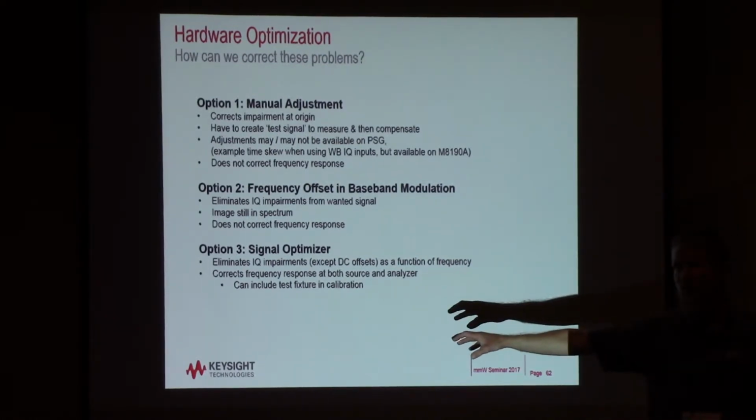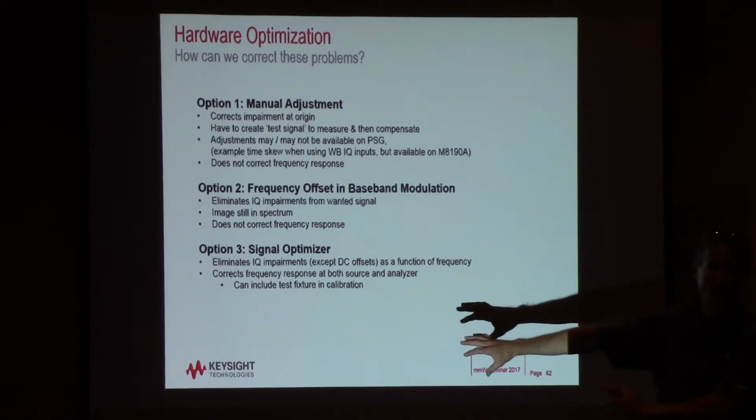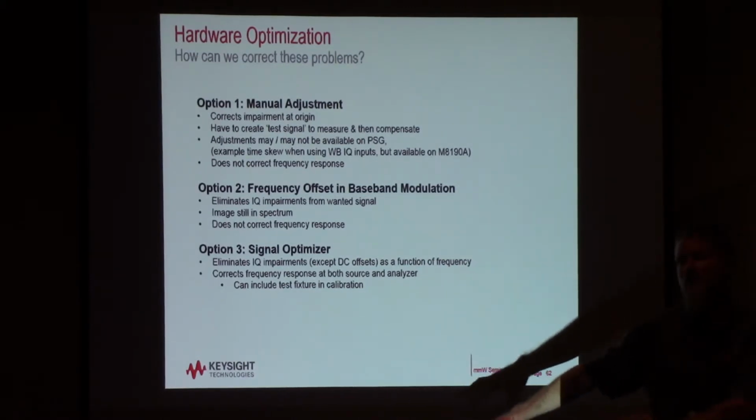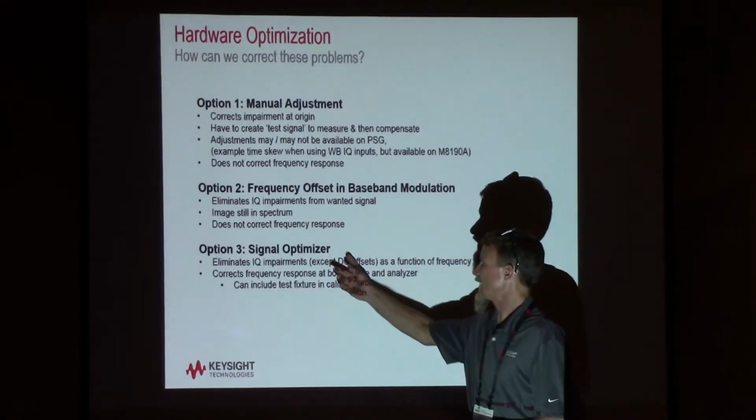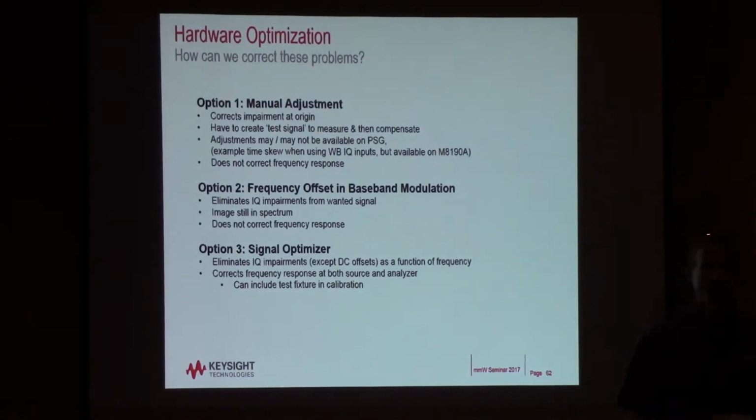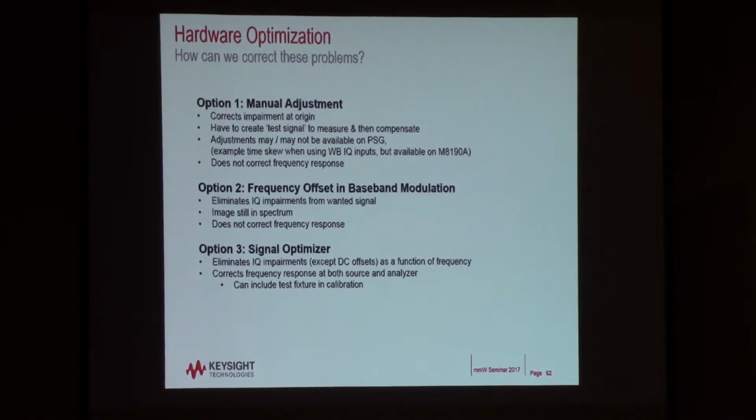The image would still be there, but if it's outside the bandwidth of your interest, then maybe it wouldn't be a problem. And Keysight has developed something called Signal Optimizer, which I'll show you at the end of the presentation. It's a way to calibrate these systems and remove the effects of the IQ modulator, and also perfectly calibrate any system, including all of the cables and adapters you might have in there, which allows you to see the true device performance.